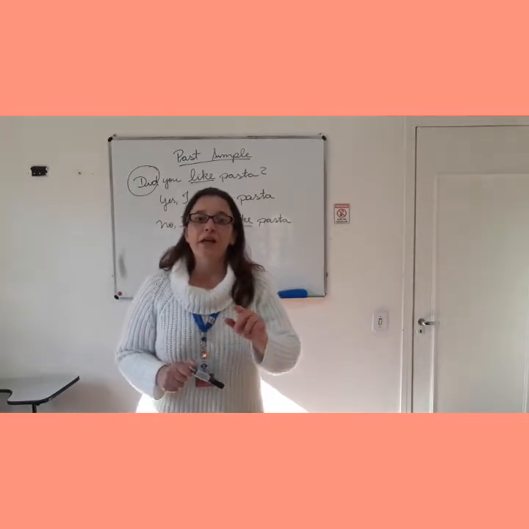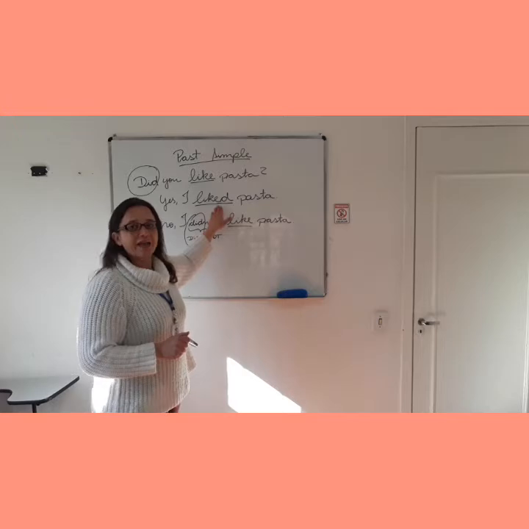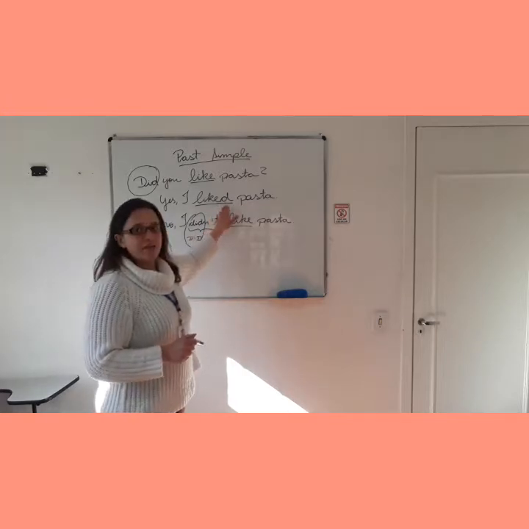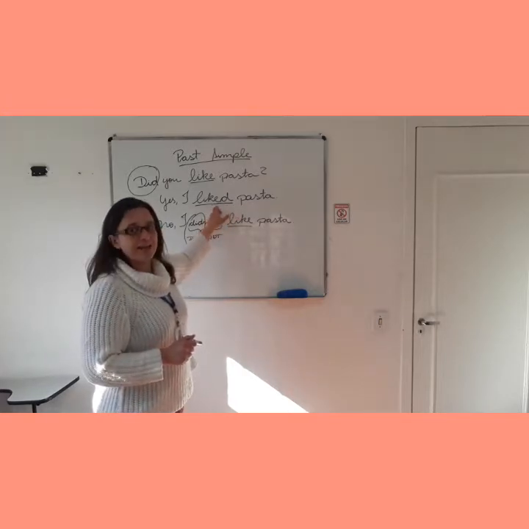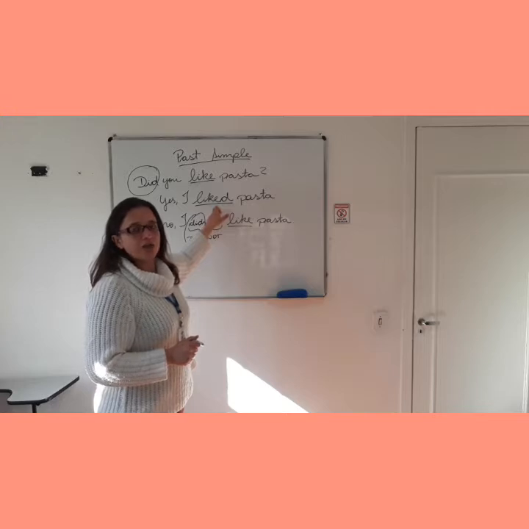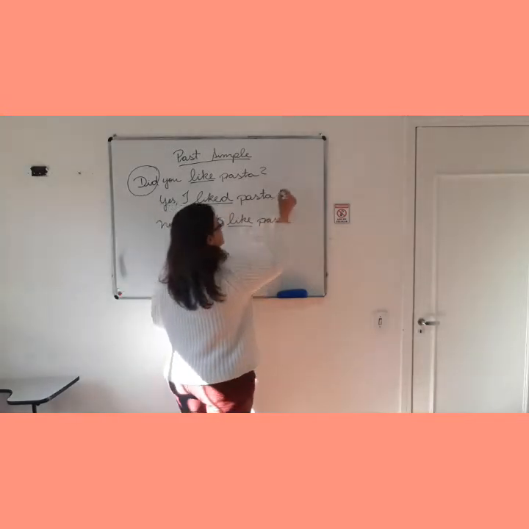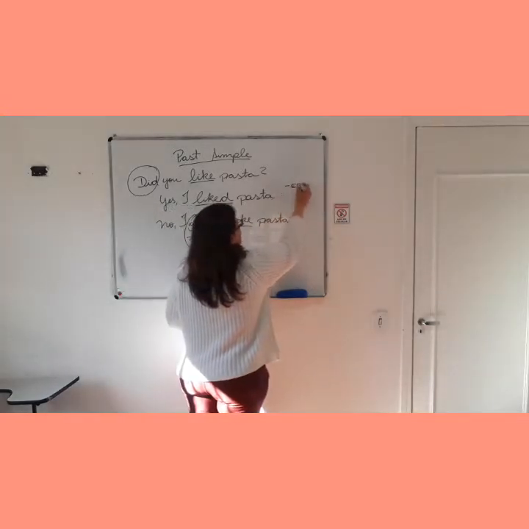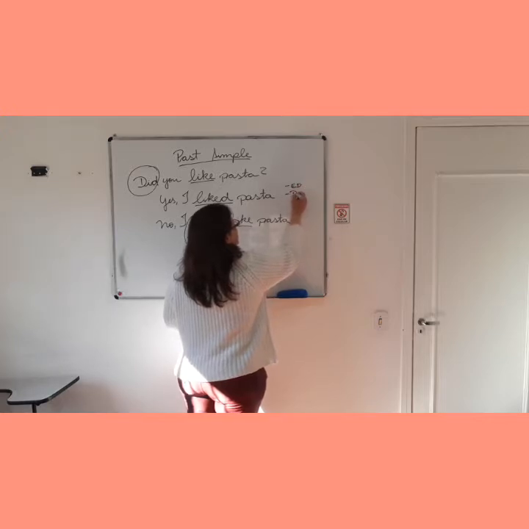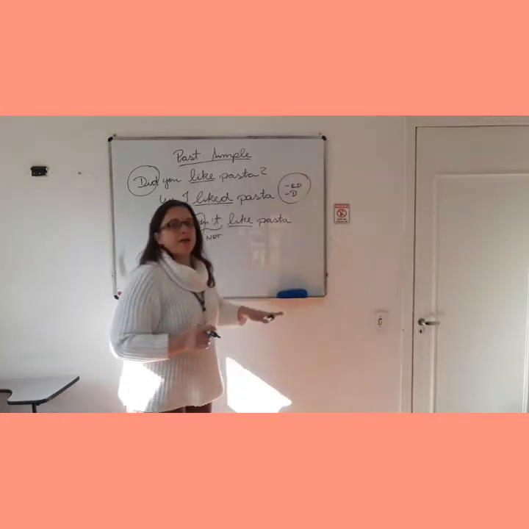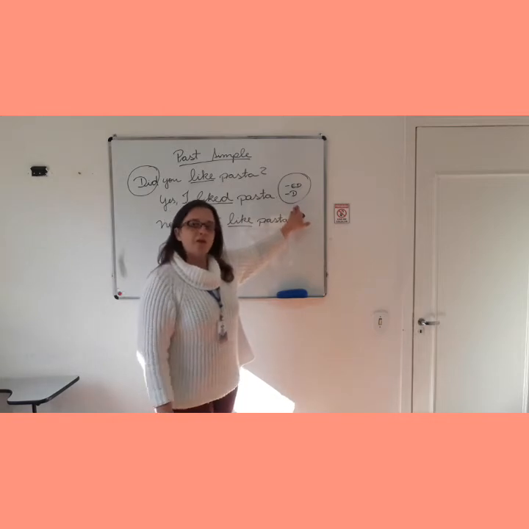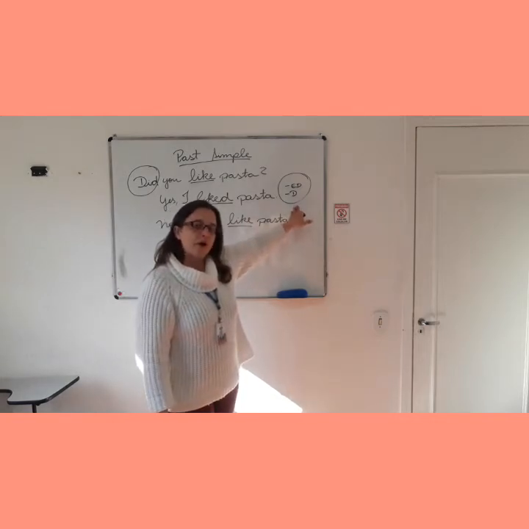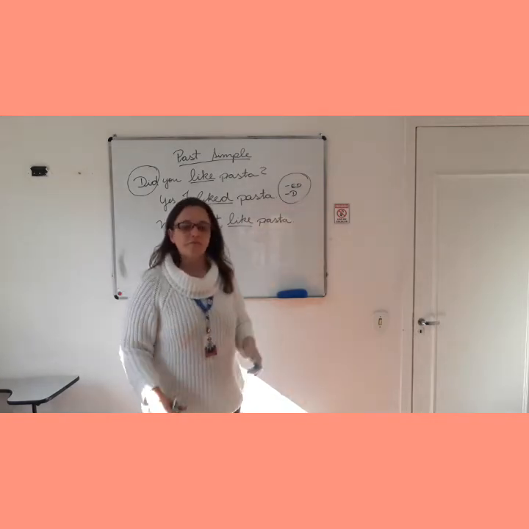Ed. Remember, in this case, I only added d because the verb ends in e. Okay? So it's always either ed or only d. Okay? This is to put the verb into the past for regular verbs.